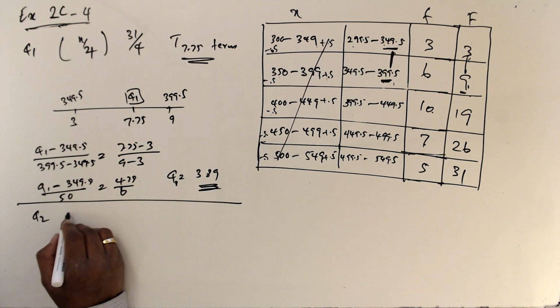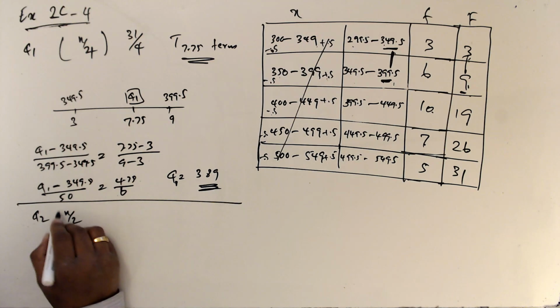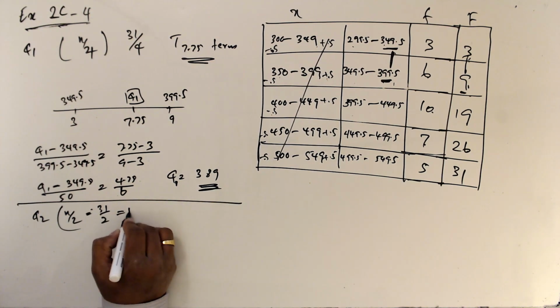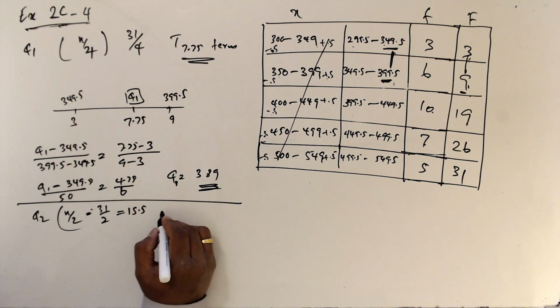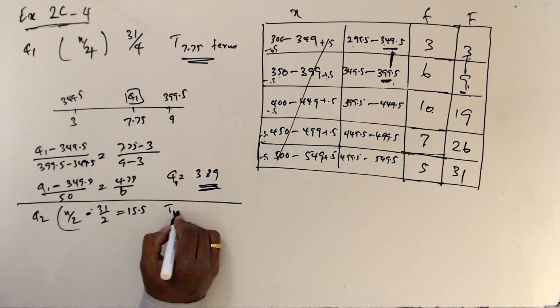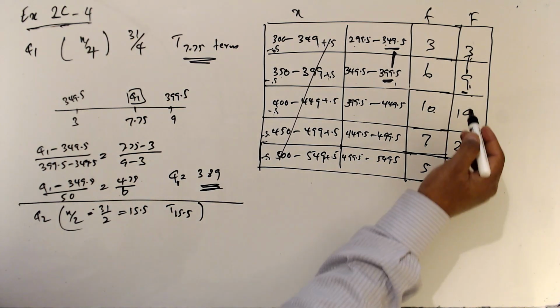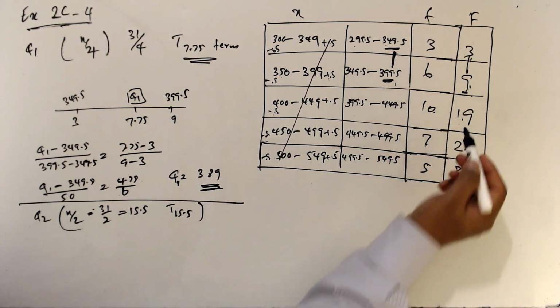Median is n divided by 2, that is 31 divided by 2, that is the 15.5th term. We have the 15.5 here in between 9 and 19.